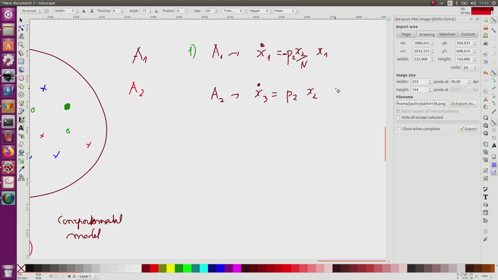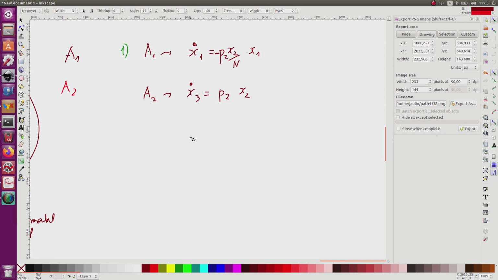Now to find the state equation, I also need to take into account that x1 plus x2 plus x3 equal n, and the total population. As a consequence, x dot 1 plus x dot 2 plus x dot 3, the derivative with respect to time, is equal to 0.